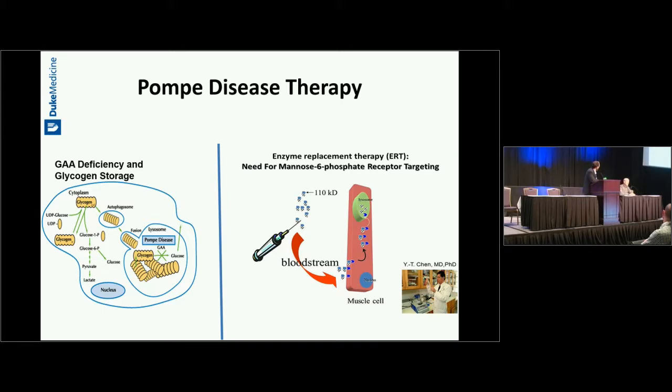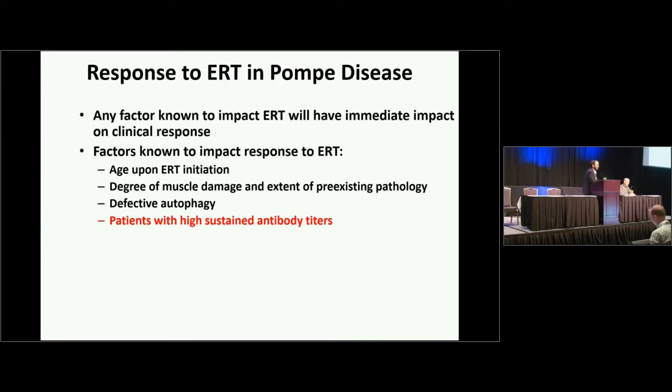But we know there are limitations to this therapy, and those include any factor that would reduce the benefit. So those include late treatment, the degree of accumulated damage, and defective autophagy that's seen in a subset of patients, as well as the focus for today, patients with high sustained antibody titers.